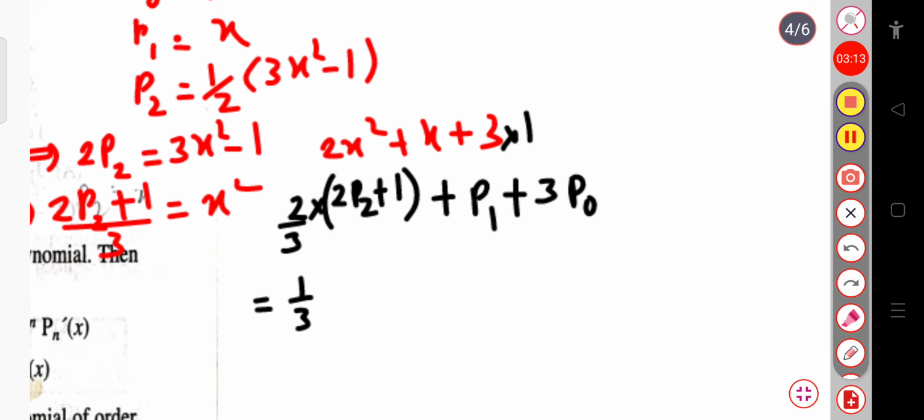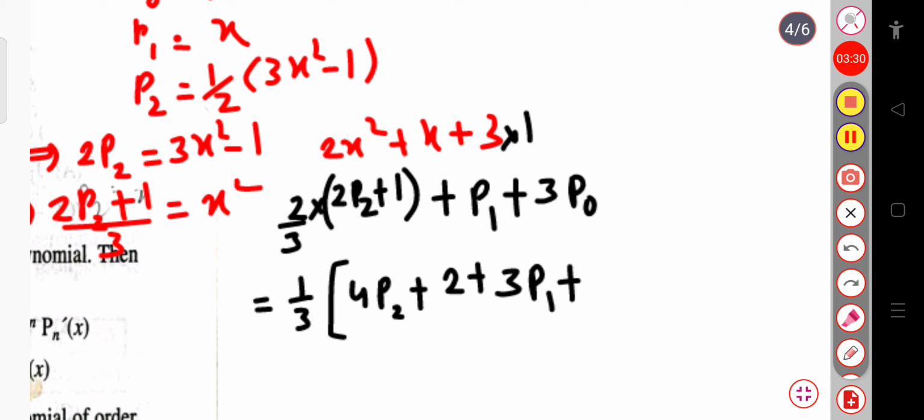So this will be 2 into 2P2, that is 4P2, plus 2 into 1, that is 2, plus 3 into P1, because the 3 gets cancelled, that is P1, plus 3 into 3, that will be 9P0. Now also in this place, the 2 can be written as 2 into 1.